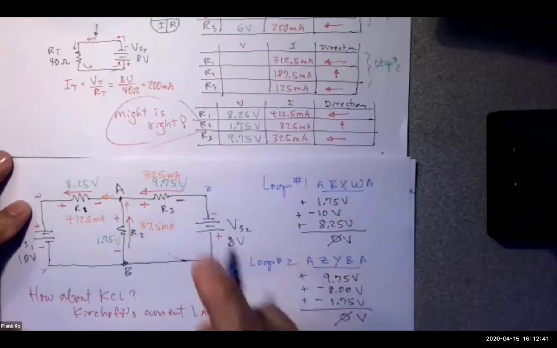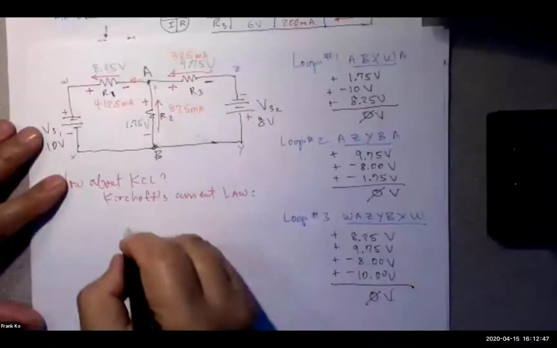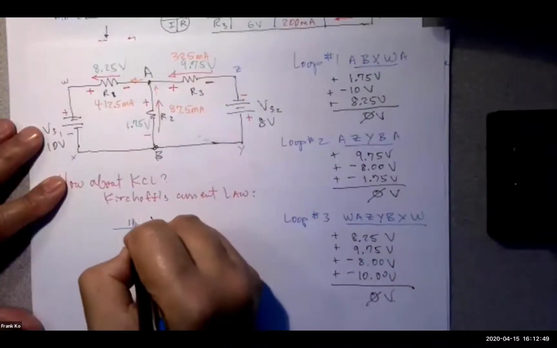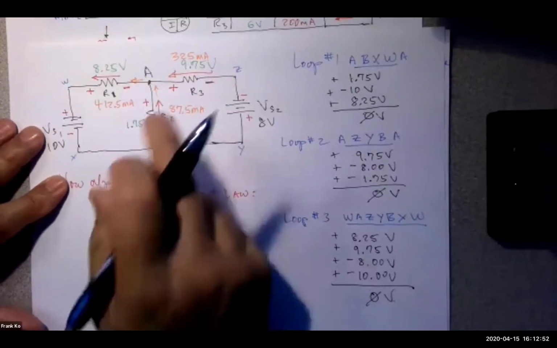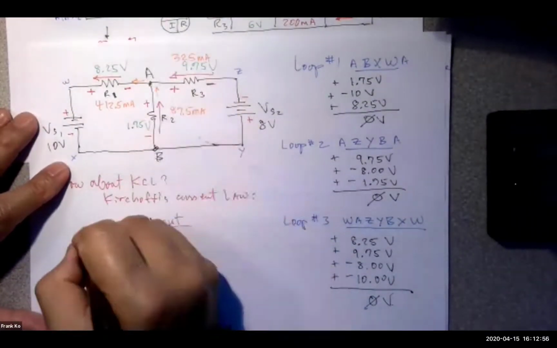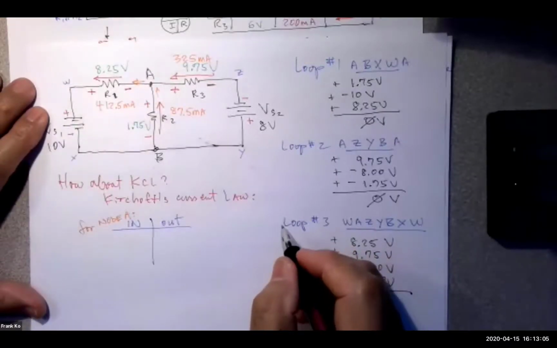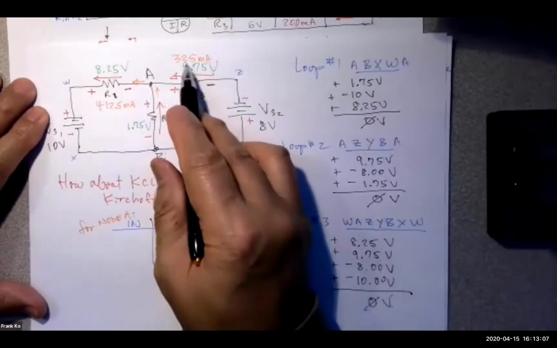Does this reconcile? Do I have currents coming into node A? Let's go ahead and do our famous in-out chart for this information. What currents are going into node A? What's going in? 325 milliamps.